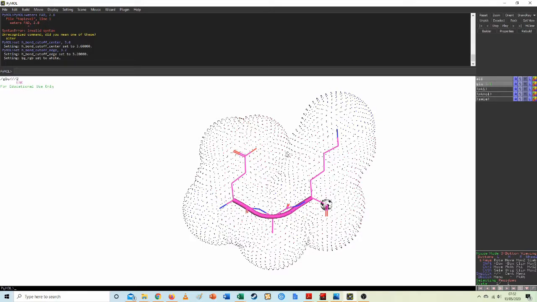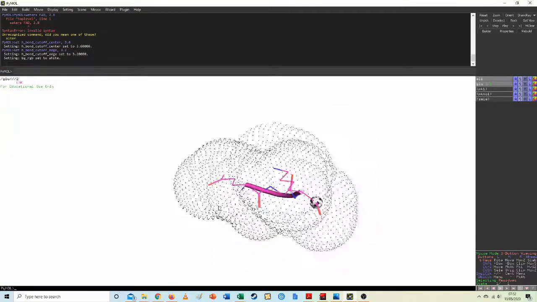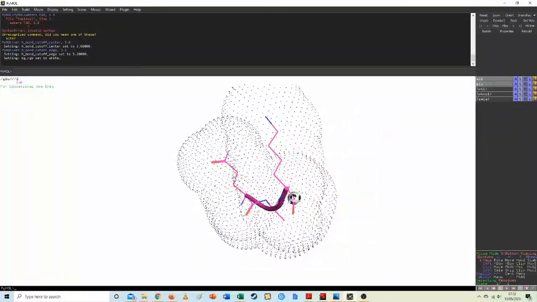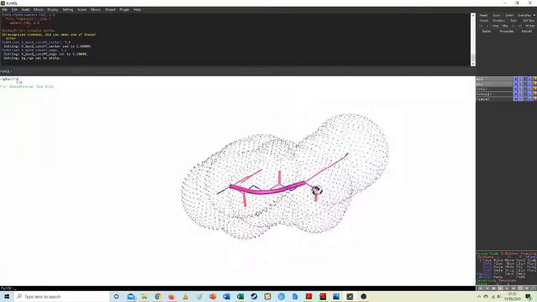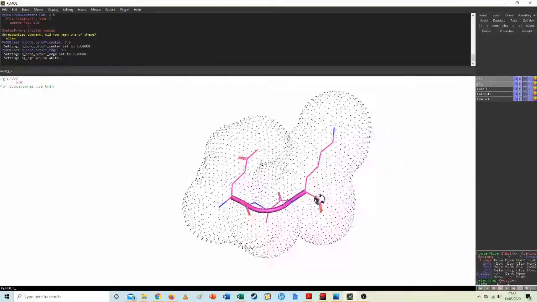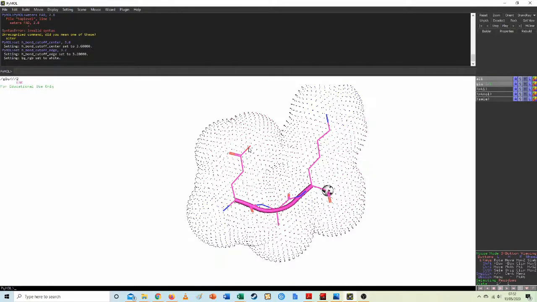So the electrons from here are kind of preventing this molecule from folding any more than it already is. So thankfully, the PyMOL system can actually prevent you from doing things that you could do with mods. So that's really as close as these things are actually going to get in reality.